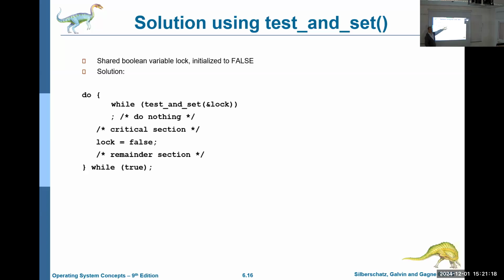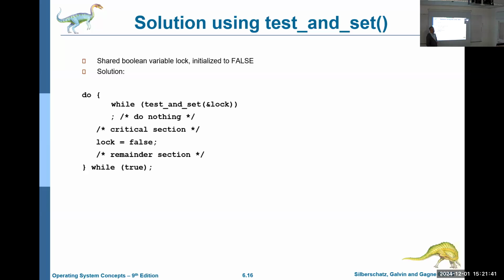So test and set will return what value? False, the previous value of it. It returns the previous value, false, and while false will break the loop and we'll go into the critical section. Wonderful. I said if lock was false, what value will we return by test and set?